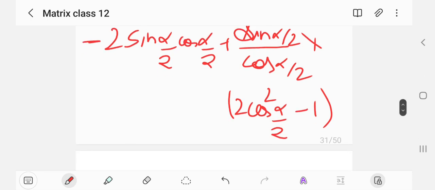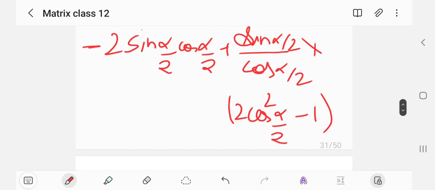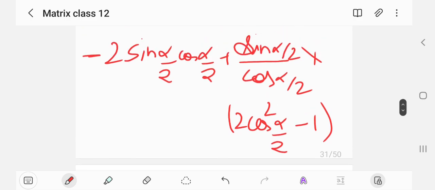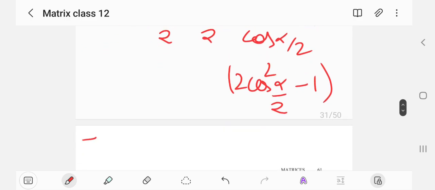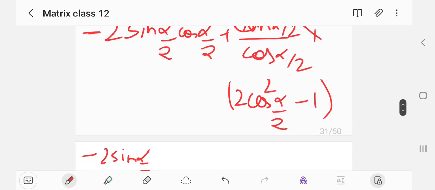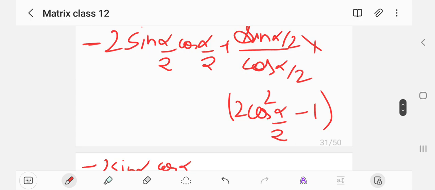right? If I again simplify it, what do I get? I get here minus 2 sin alpha by 2 cos alpha by 2, and if I simplify this part, what will I get?